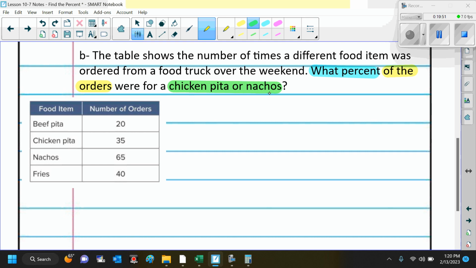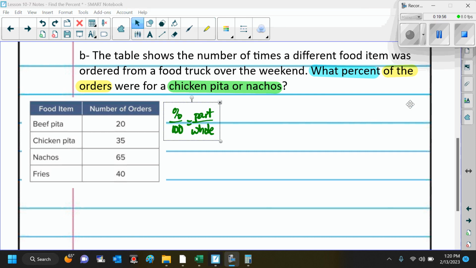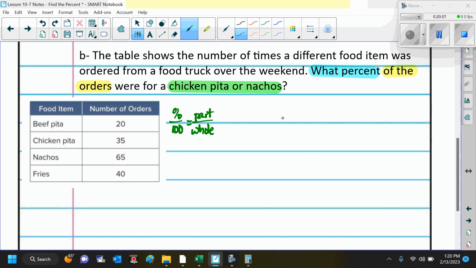Okay? So again, the first thing we're going to do is write our formula. So here's our formula. It's percent over 100 is equal to part over whole. So again, we're looking for the percent. So that is going to be x over 100. We don't know what it is. The part is the chicken, pita, or nachos.